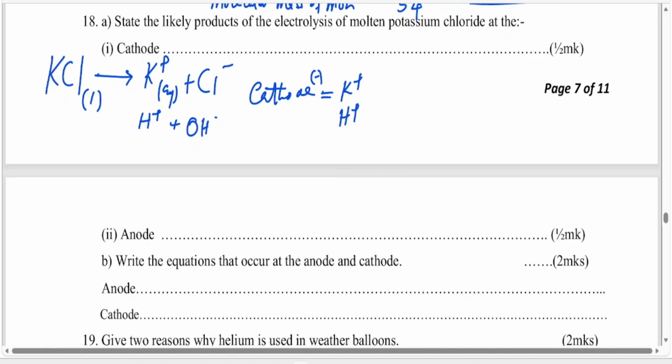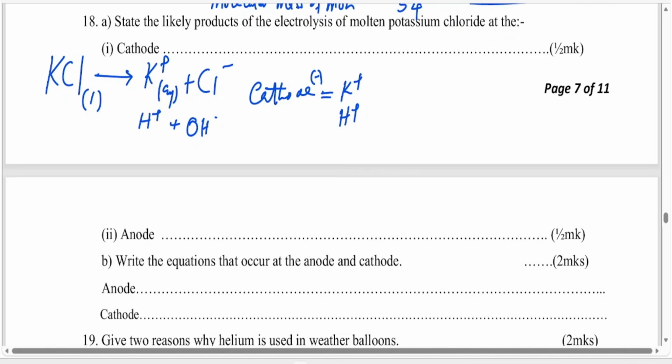Under normal conditions, considering the position of hydrogen in the electrochemical series compared to that of potassium, we could have discharged hydrogen. But in our case, we do not discharge hydrogen because it requires a lot of energy. So in this case, we are going to discharge potassium at the cathode.